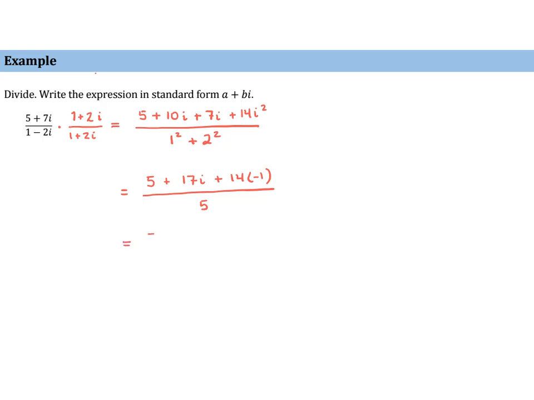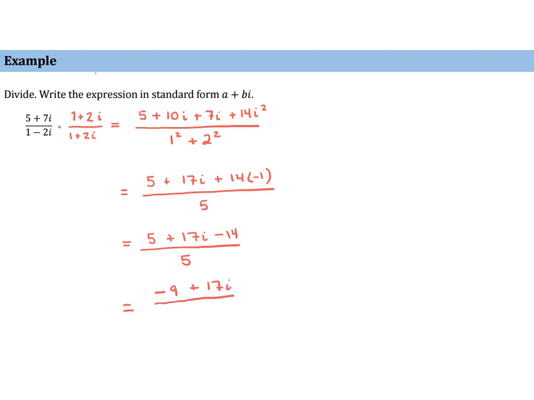So this is 5 plus 17i minus 14, all over 5. 5 minus 14 is -9. So we have -9 plus 17i.